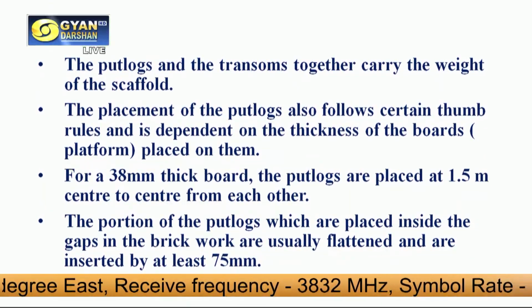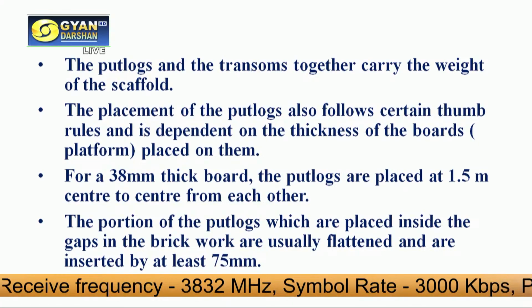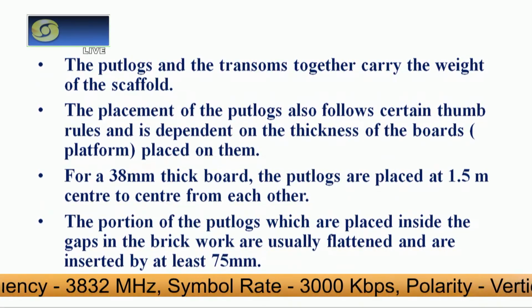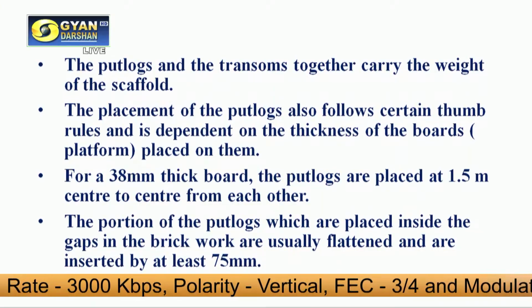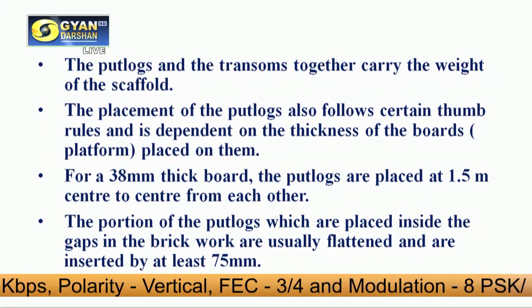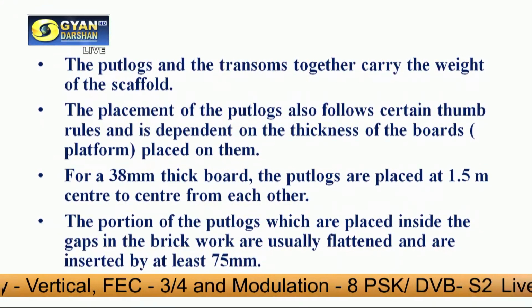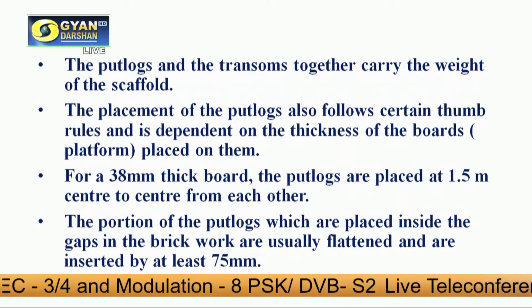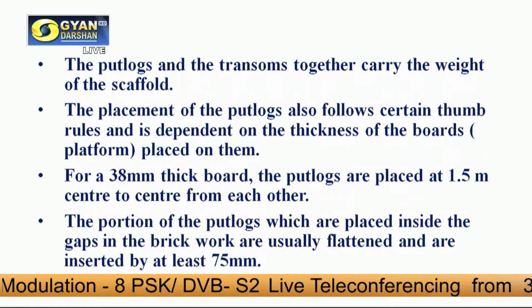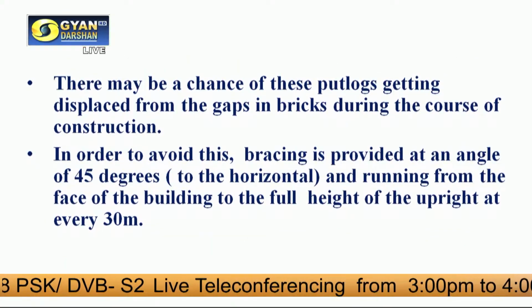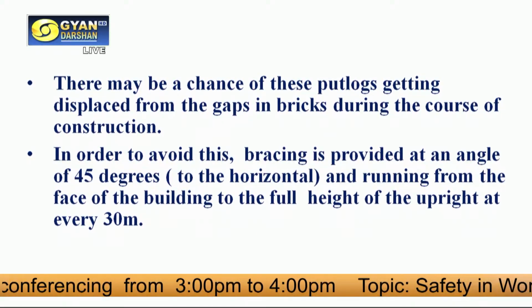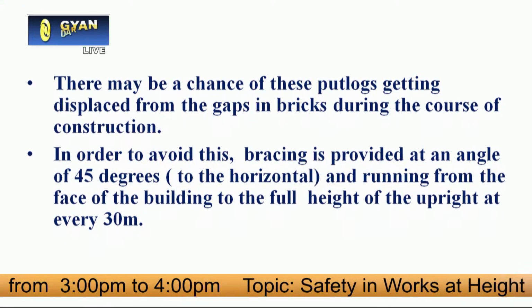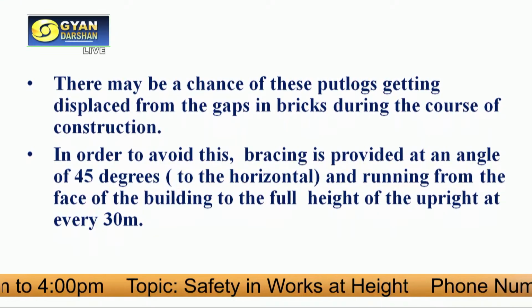The portion of the putlocks which are placed inside the gaps in the brickwork are usually flattened and are inserted by at least 75 mm. This means the end of that putlock should go into the wall at least 75 mm. There may be a chance of these putlocks getting displaced from the gaps in the brick during the course of construction.